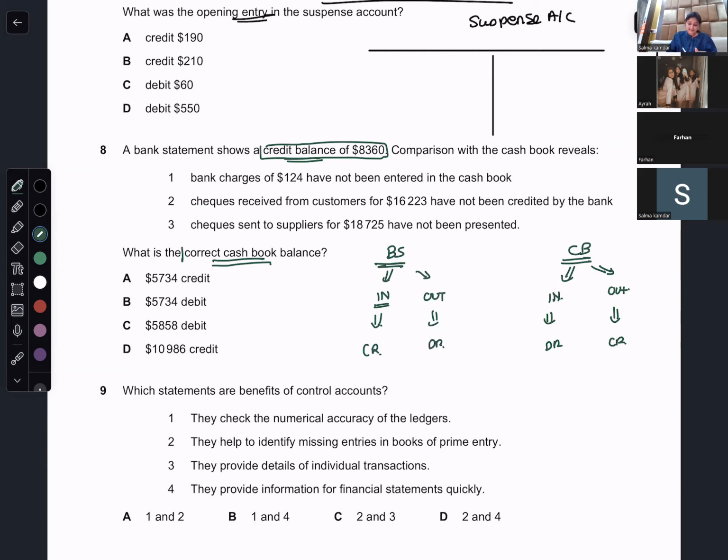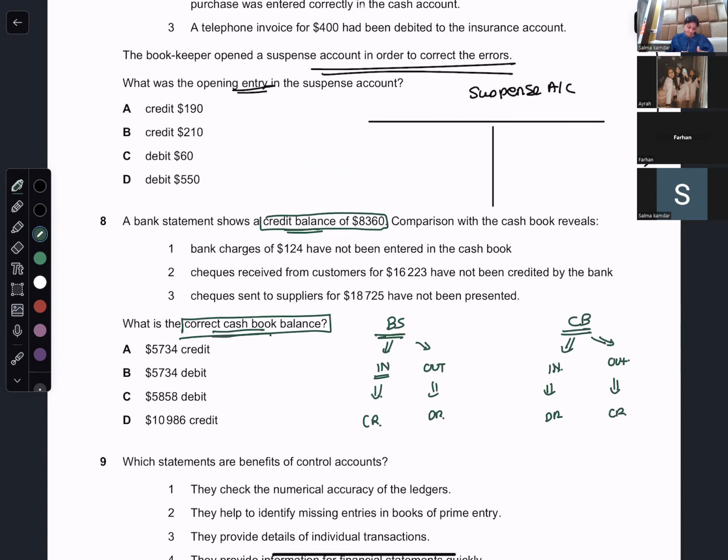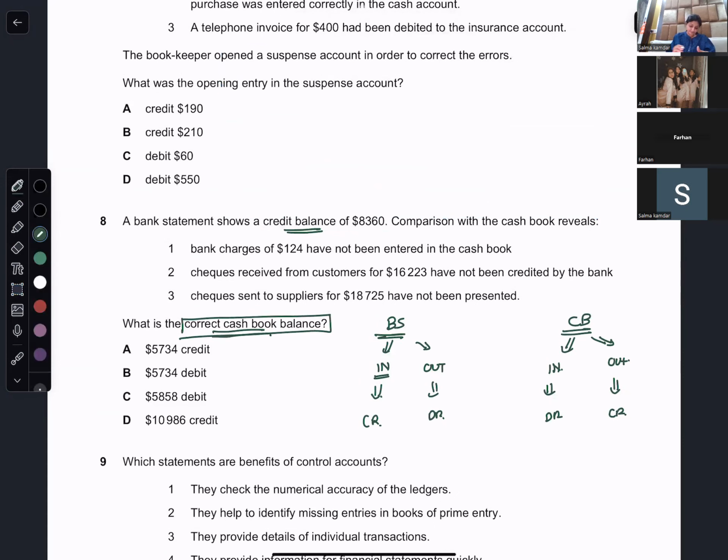So I want the correct cash book balance. That means they have asked me to do what? They have asked me to update the cash book. They want the correct cash book balance.